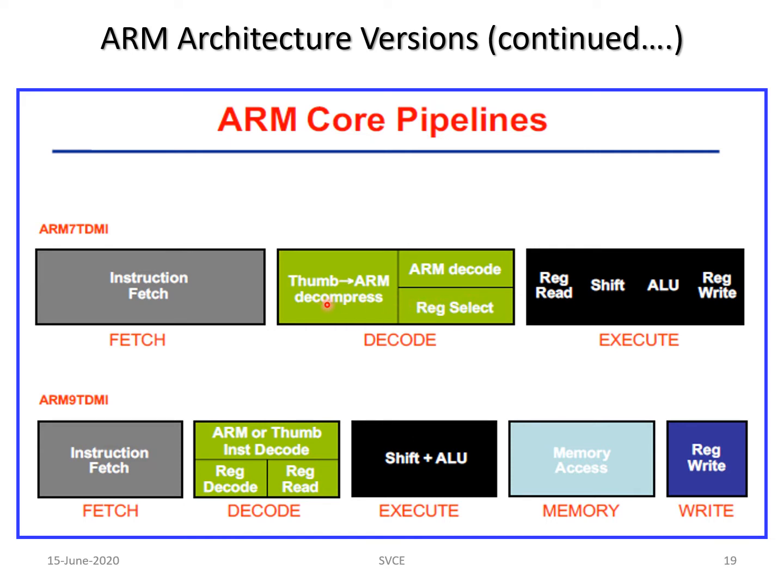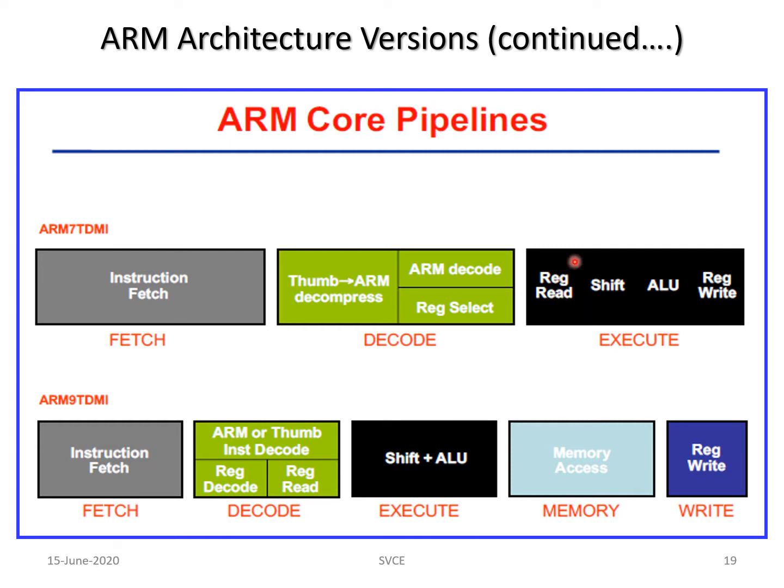During the third clock cycle, the decode stage will pass on its output to the execute stage. In the execute stage, the corresponding register will be selected from where the operand is passed on to the ALU or the shifters which are present in the ARM processor, and then the result can be written back into the corresponding register.